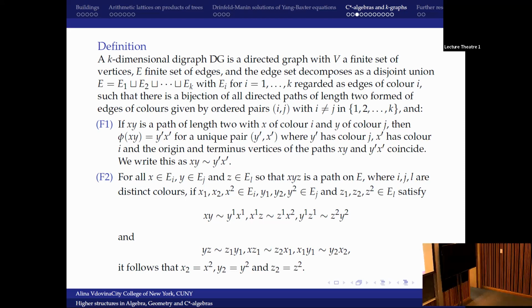And then we look at the directed paths of length 2 which start and finish at the same point, and we require a bijection phi between those directed paths of length 2. This is of course the prototype of the commuting squares, but we have it in the finite setting: phi of xy equals y prime x prime for a unique pair.